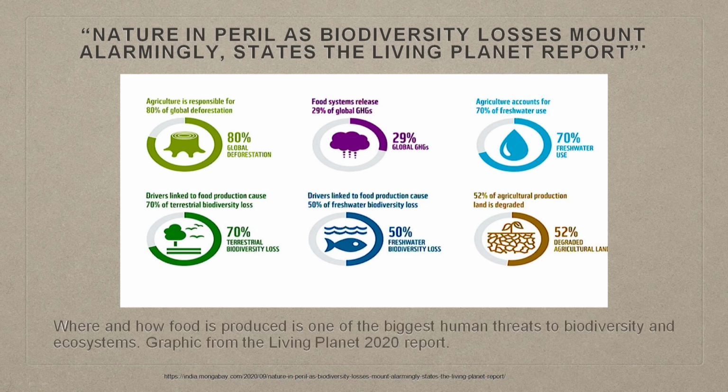So, from forest to agricultural land to water, we are seeing a decrease in real productivity. Similarly, food production causes 70% of the terrestrial biodiversity loss. So, this is the current picture. If you go through the Living Planet 2020 report, this is where we are standing.